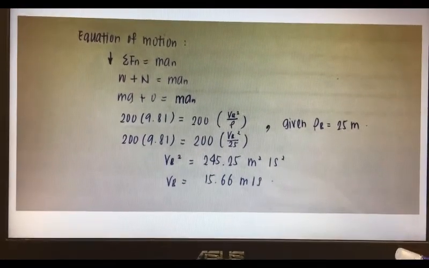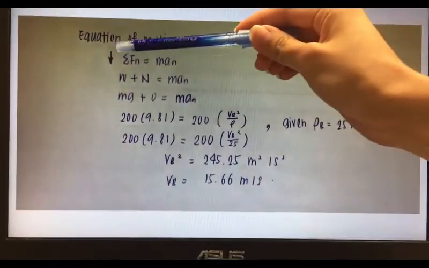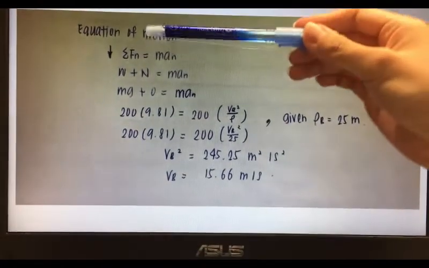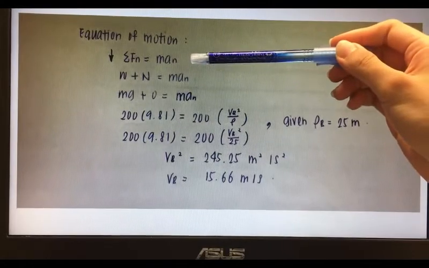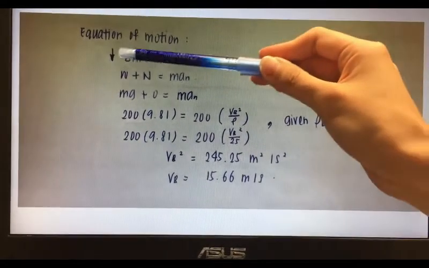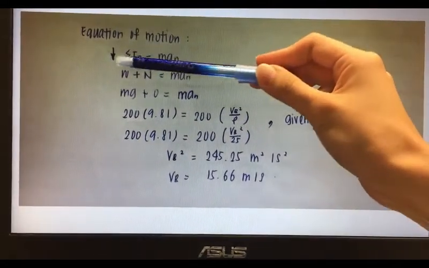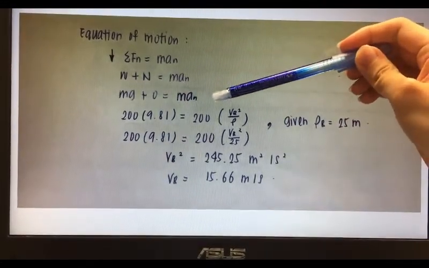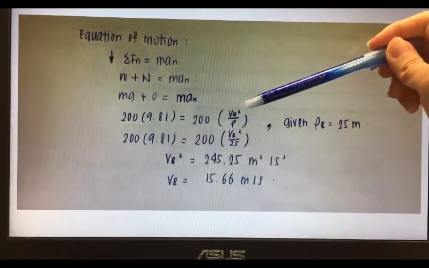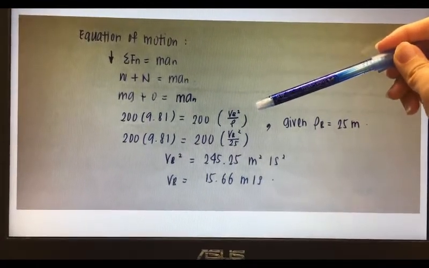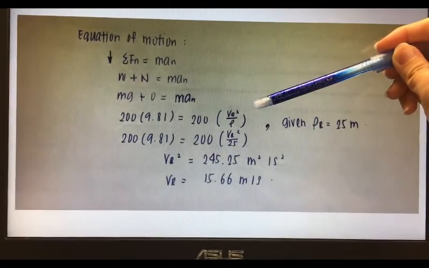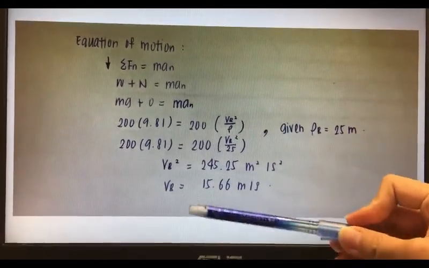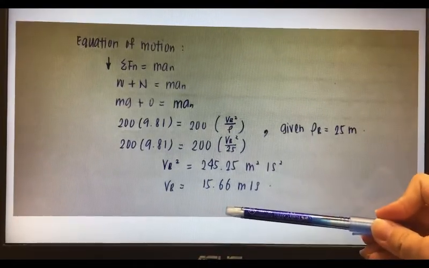We assume the downward direction as positive. Summation Fn equals m an, and summation Fn is equal to W plus N. Then we will expand the equation and substitute the values given in the question. Finally, we obtain the velocity at point B, which is equal to 15.66 meters per second.